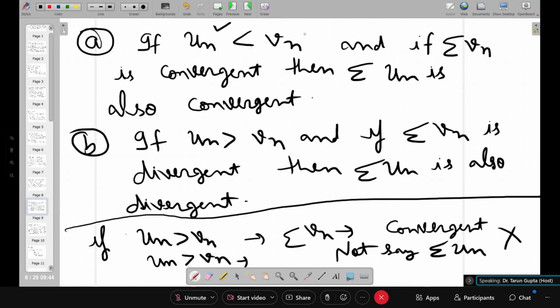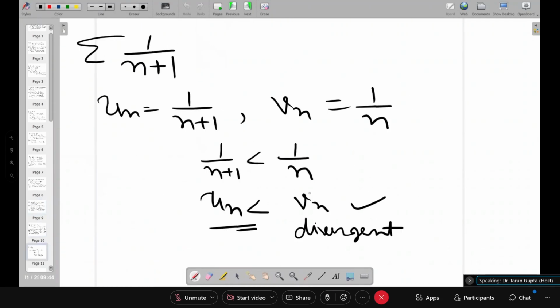Then we cannot say about summation un, because this test cannot be applied if we know vn is divergent. That's why the direct comparison test fails here. Sir, summation 1 upon n plus 1 is like a p series, no?